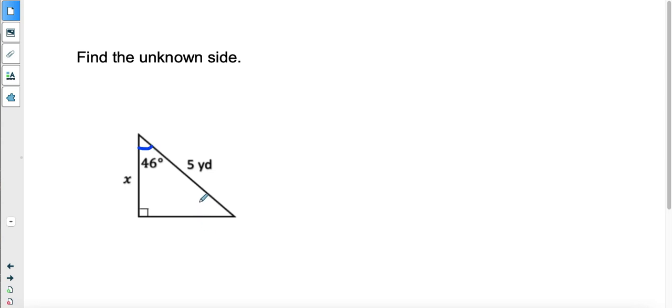The side across, or opposite to this angle, is going to be the opposite side, and I'm going to label it with an O. Next, the hypotenuse. The hypotenuse is the side across from my right angle. That's 5. The adjacent side is the side left over, x.